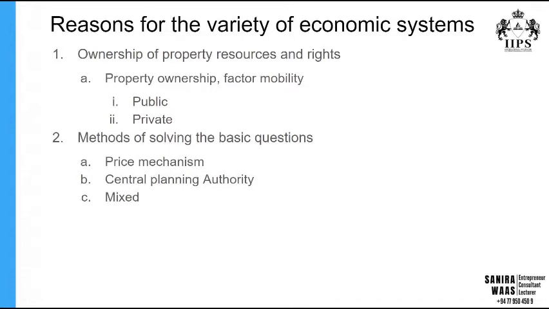The next one is the Central Planning Authority, which we call CPA. This is much more government-driven, where the CPA is set up by the government authorities. This central planning body decides what is to be produced and in what quantity.